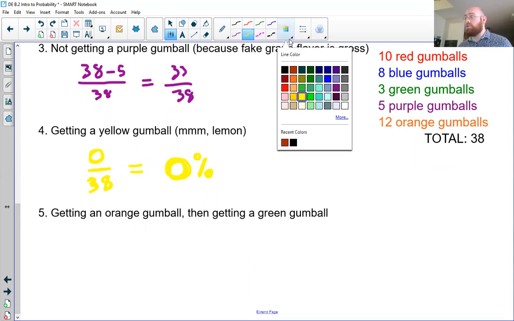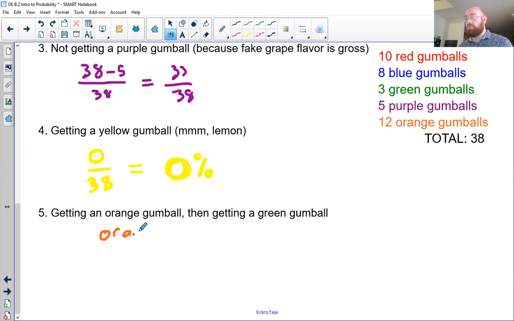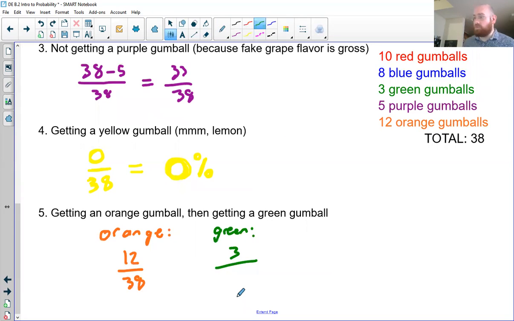And lastly, getting an orange gumball and then getting a green gumball. So the orange gumball, we have 12 over 38. And then the green, well, there are 3 green gumballs, but we have to be careful because we've already taken an orange gumball out. So there's 38 minus 1 inside the machine.